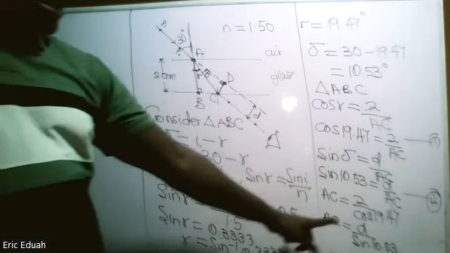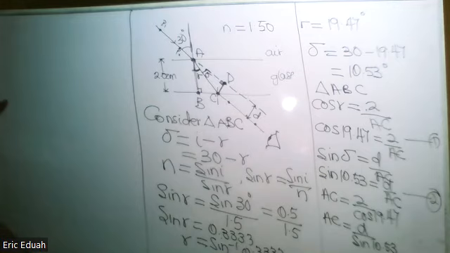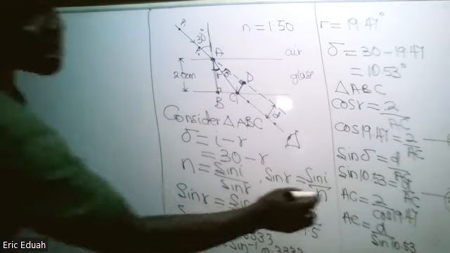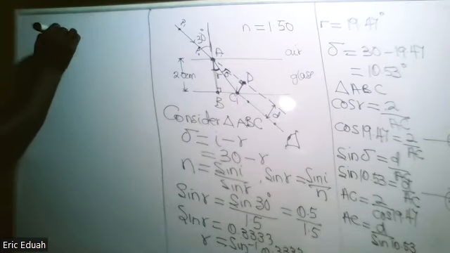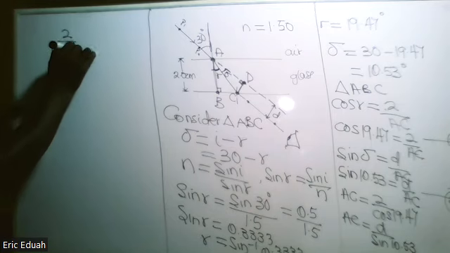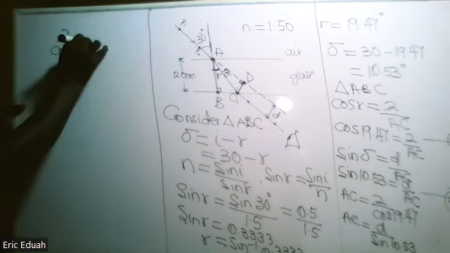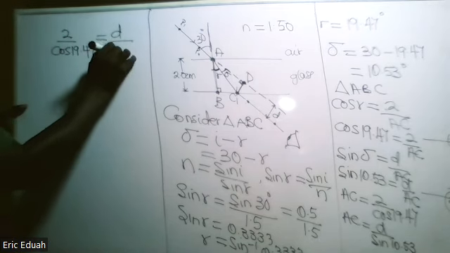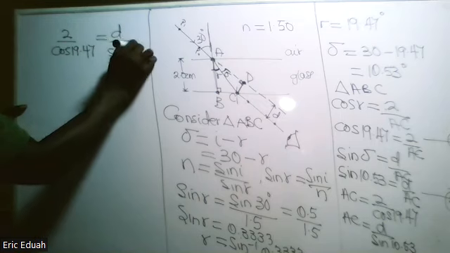Once we've made AC the subject, let's equate. It means that we can equate this to this. That 2 over cos of 19.47 is equal to D over sine of 10.53.